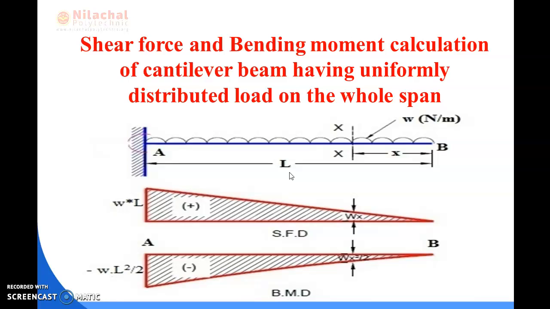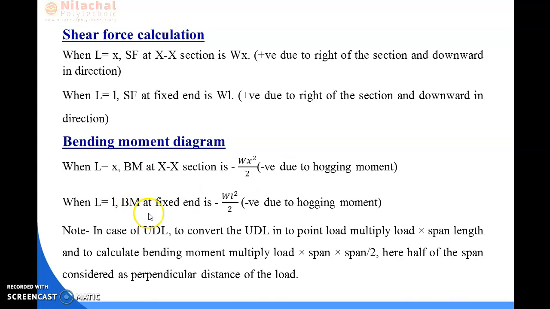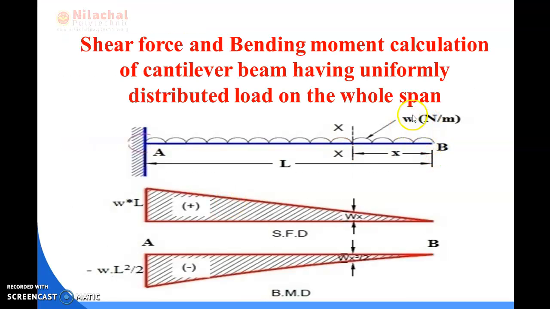In that way, the bending moment at the fixed end, while length equal to L, should be W into L into perpendicular distance, that is L by 2. This is your bending moment value for the fixed end support, or at point A.